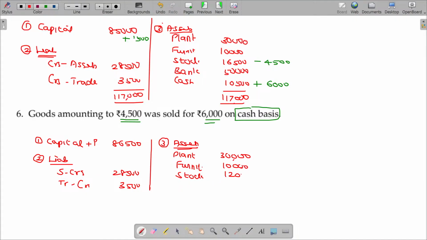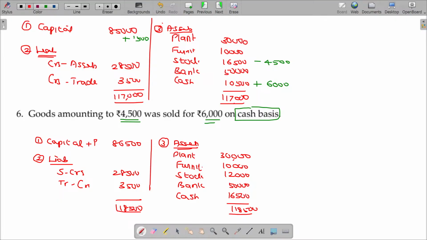Now the new stock value is 12,000 and bank remains unaffected, 50,000 rupees. Cash now gets changed. 10,500 plus 6,000, 16,500 is the new cash balance. Now the overall new total being 1,18,500. Is that clear? So after the sixth transaction, what could be the balance sheet?